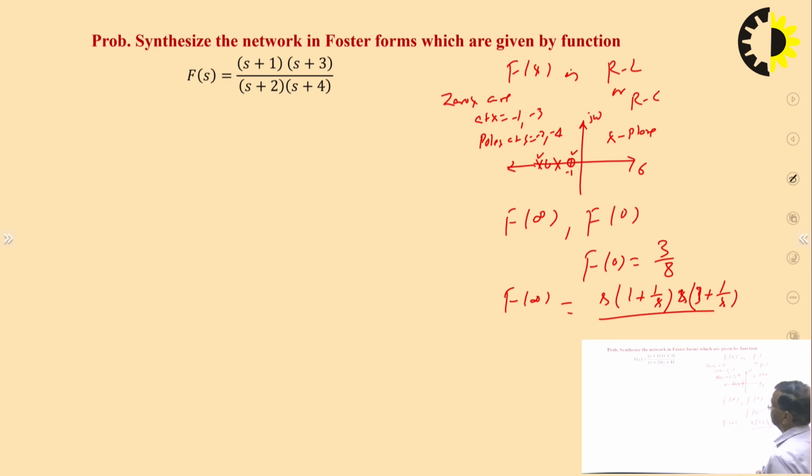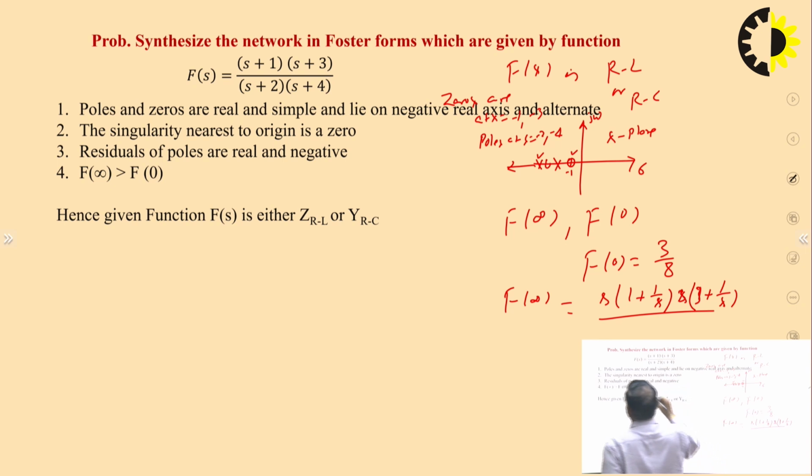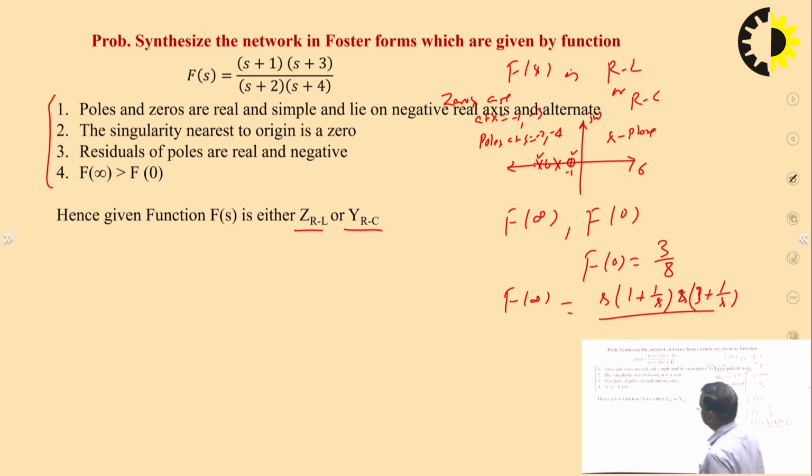So we can see that F(infinity) is greater than F(0). So all four properties are satisfied, it means the given F(s) is ZRL or YRC. So we have found that this given function F(s) is ZRL or YRC.